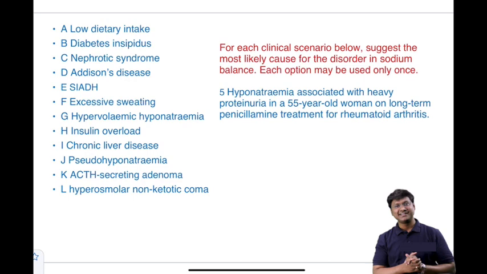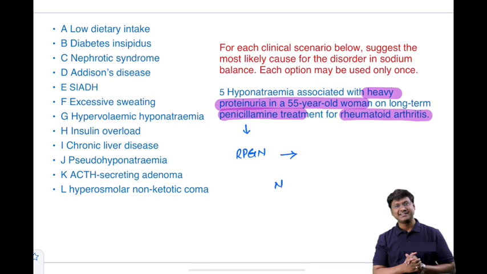Hyponatremia associated with heavy proteinuria in a 55-year-old woman on long-term penicillamine treatment for rheumatoid arthritis. Penicillamine for rheumatoid arthritis can cause rapidly progressive glomerulonephritis and it can progress even to the development of nephrotic syndrome.